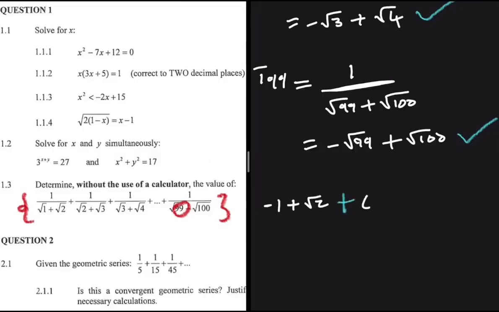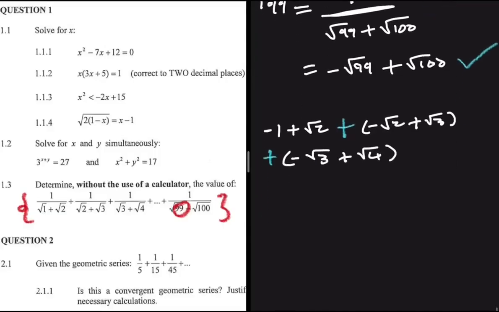For the second term, we have minus square root of 2 plus square root of 3. And then the third term, we're going to have plus minus square root of 3 plus square root of 4. Right, so that is the third term. And then plus all the terms in the middle until the last term. So for the last term, we have minus square root of 99 plus square root of 100.